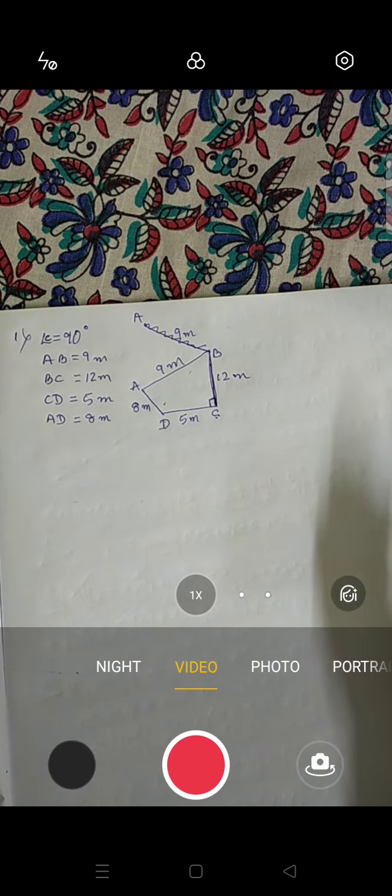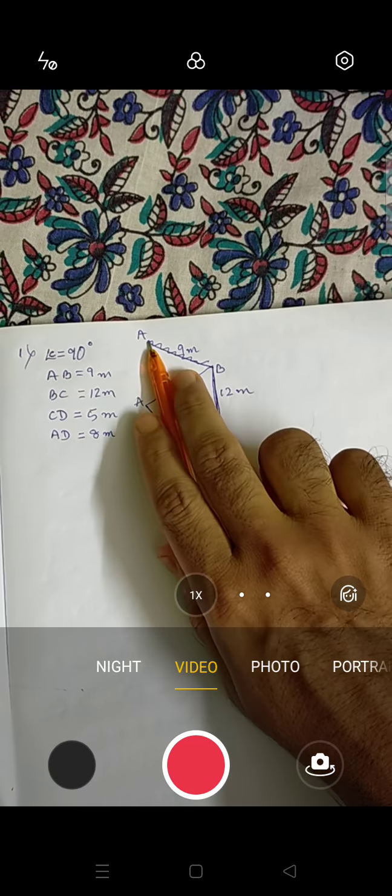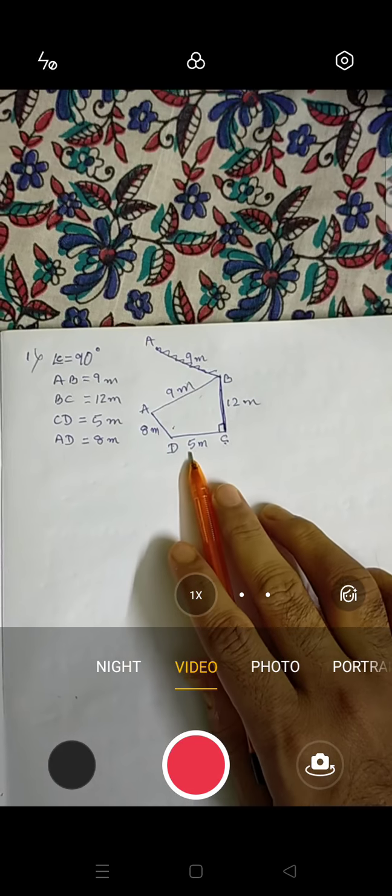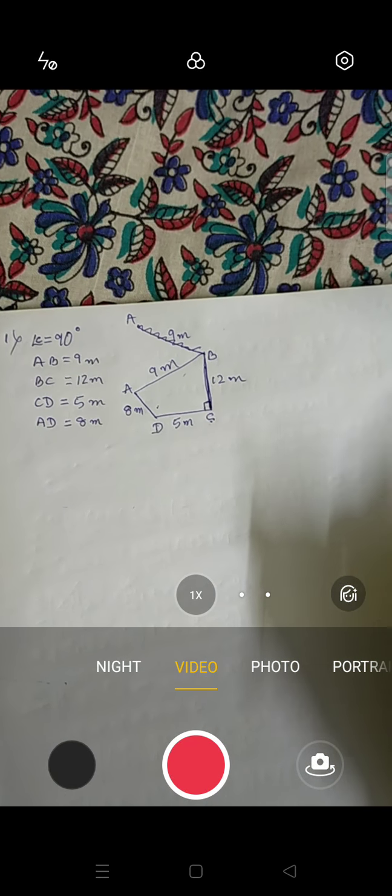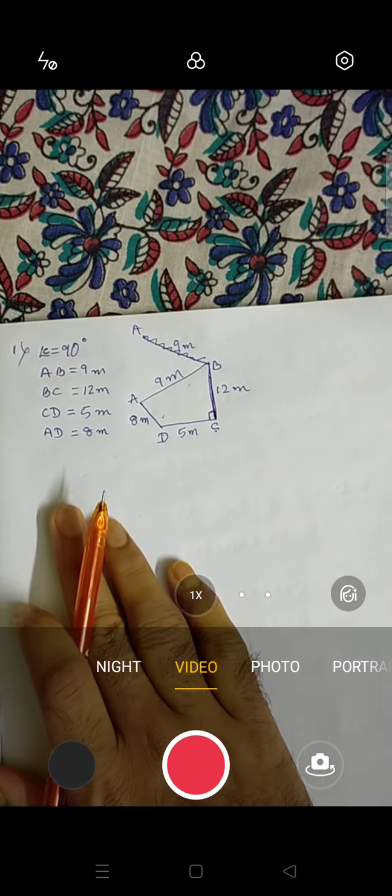Understood or not? If you take it somewhere else also, no problem, because this figure is only for your use. If it is wrong also, no issue, the answer should be correct. That means whatever you are doing using this diagram, after solving, your answer should be correct.